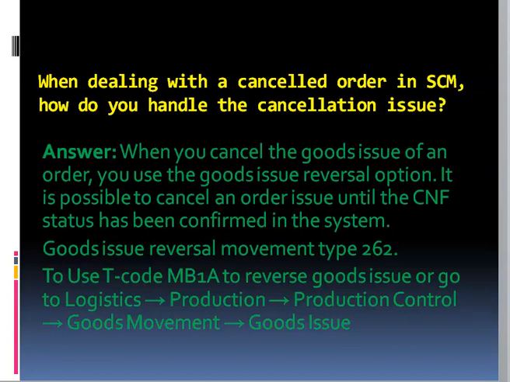Goods issue reversal movement type is 262. Use T code MB1A to receive goods issue, or go to Logistics, Production, Production Control, Goods Movement, Goods Issue.